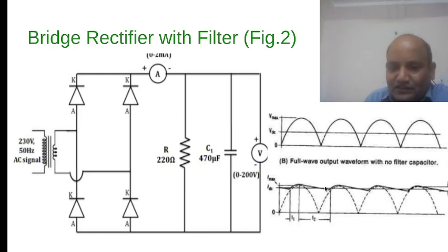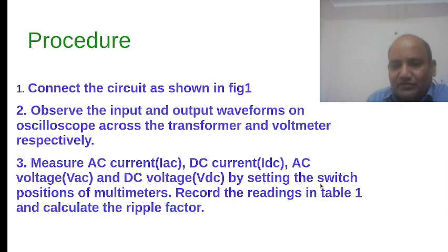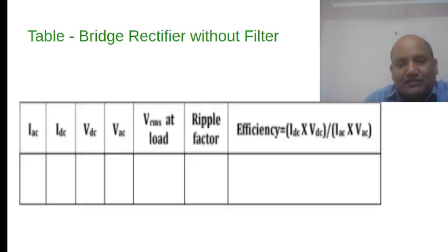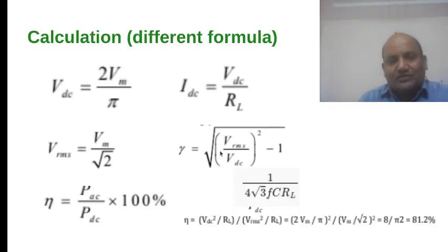From using this graph you can identify this formula. But practically, for the ripple factor you have to measure the Vrms value, the AC signal, DC signal, everything, and you can calculate the ripple factor from the measured values, and if you want to compare, you can compare with that value.